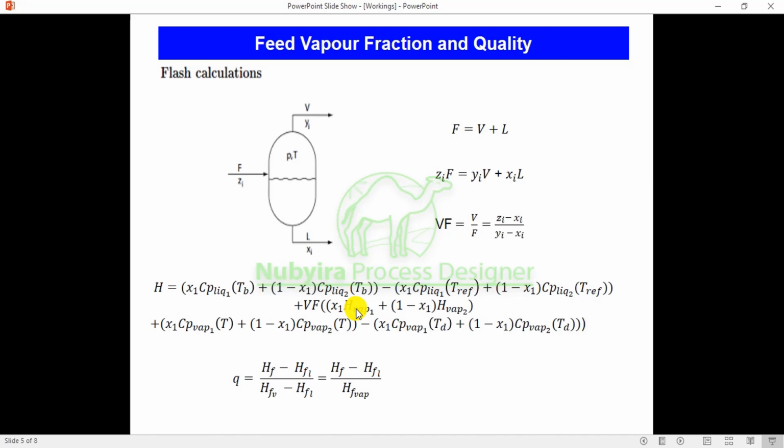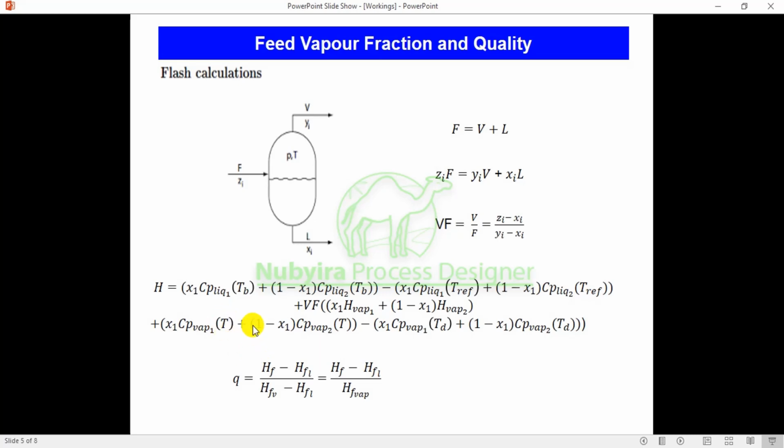It's still in the subcooled region. So that's why I put the vapor fraction here: it multiplies all these other equations. Then you have the last term for the heat capacity of the vapor, which starts from the dew point temperature of the system.